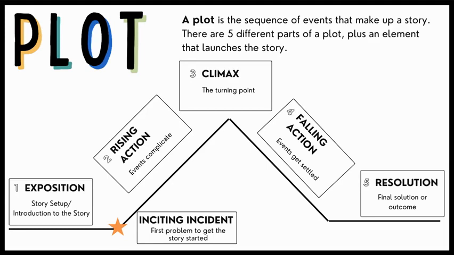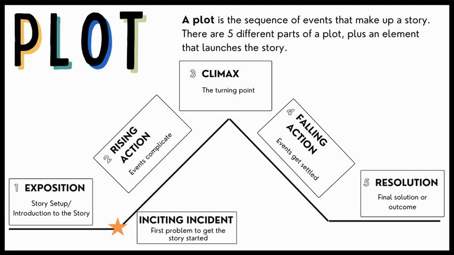We might have seen in the exposition that our character has different problems that they are facing or different challenges that come up. And in the rising action, we got to see how they were facing those problems and how they were dealing with different things and what these problems meant for them. The inciting incident comes between the exposition and the rising action.